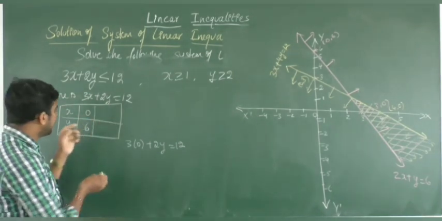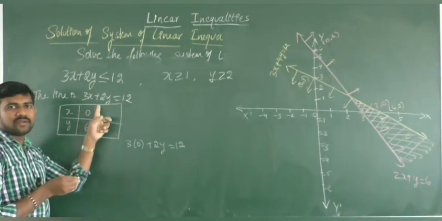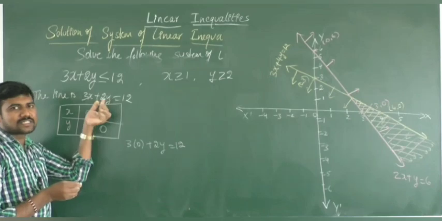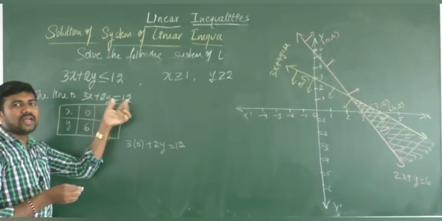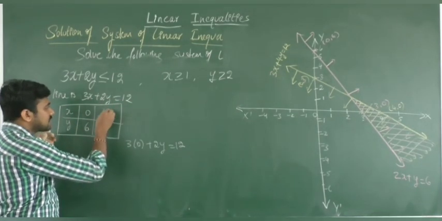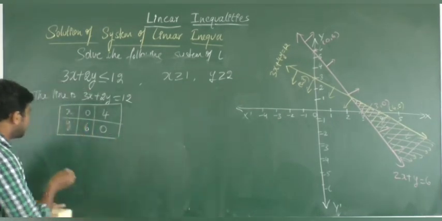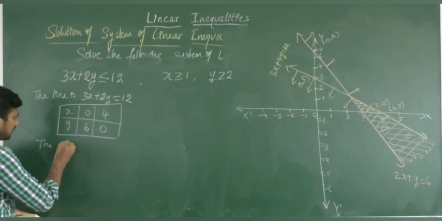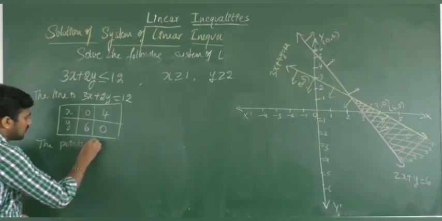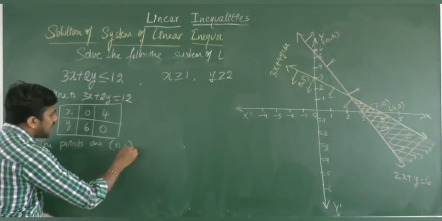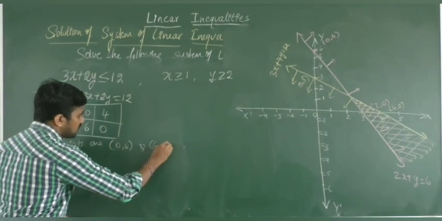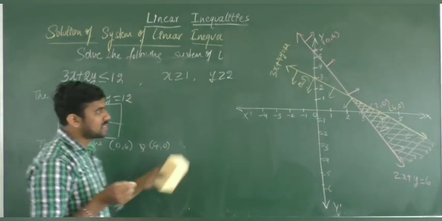Similarly, when y is equal to 0, this term vanishes. 3x is equal to 12, x is equal to 12 by 3, that is nothing but 4. So the points you got here are 0, 6 and 4, 0.